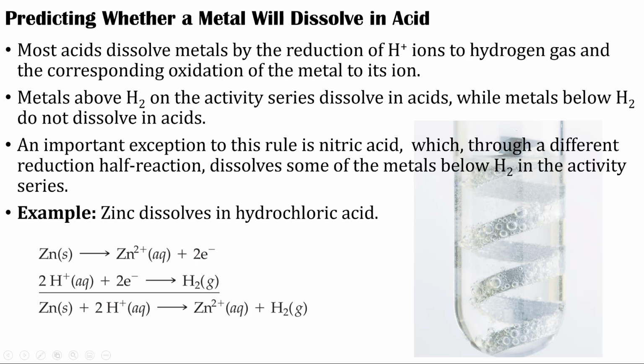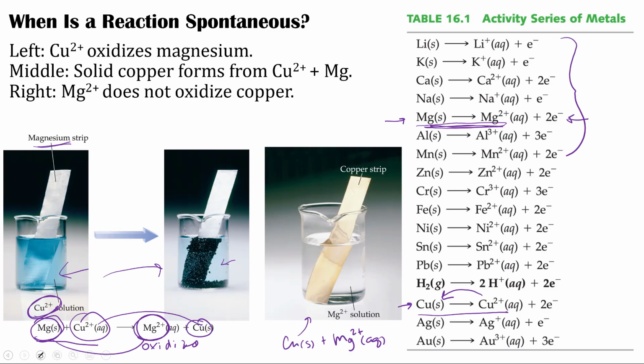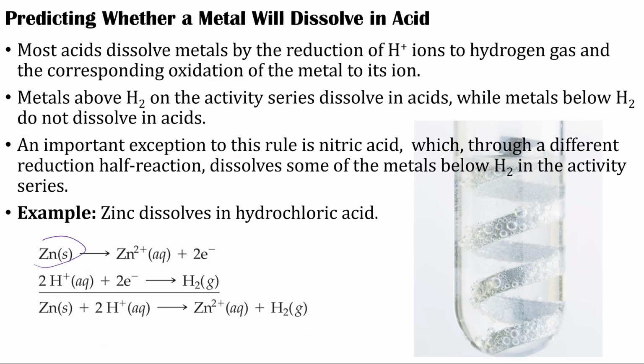So, predicting whether a metal will dissolve in acid: if I go back and look at my activity series, here is H+, right here. As long as the metal is above hydrogen, then it would dissolve. So here we have solid zinc being put in acid, and we're forming zinc ions and hydrogen gas. And that's what these little bubbles are right here.